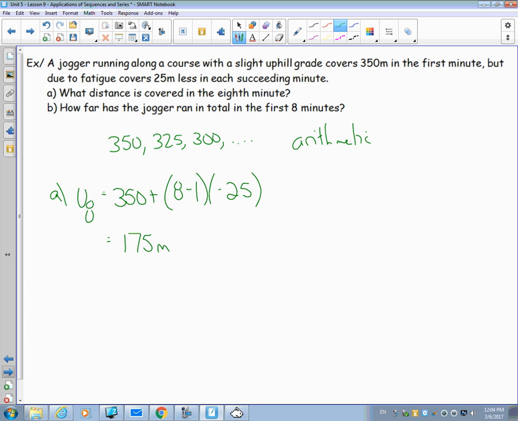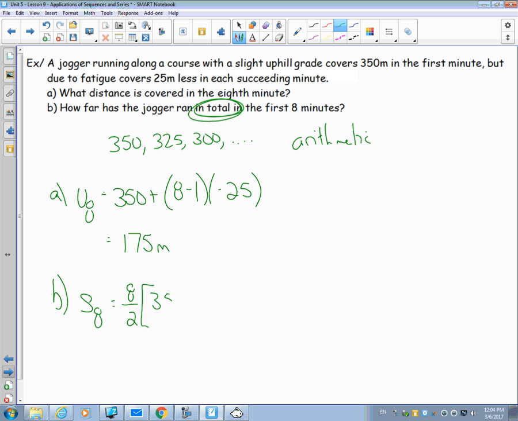Part B, how far has the jogger run in total? There's a good word, total. Total is an S thing. And we already know it's arithmetic, so we know it's S8. So our formula for that is n over 2. And then we ask ourselves, can we use a shortcut? Do I know the first term? Do I know the last term? The first term is 350. The last term is the 8th minute, which we just figured out.